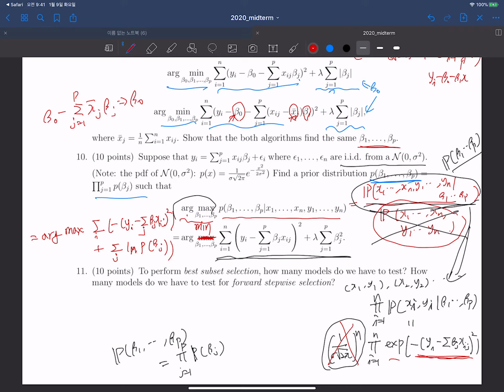Okay, so the remaining thing is to find this probability so that this is equal to this. That's it. Oh, sorry, I forgot the sigma square here. So there is sigma square there as well.